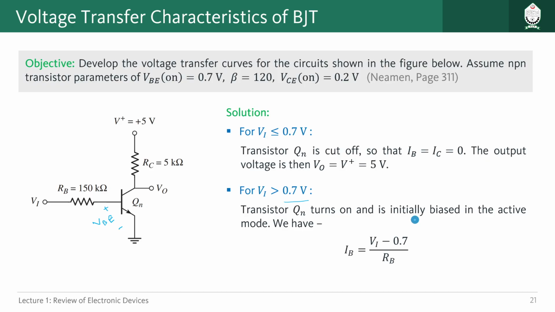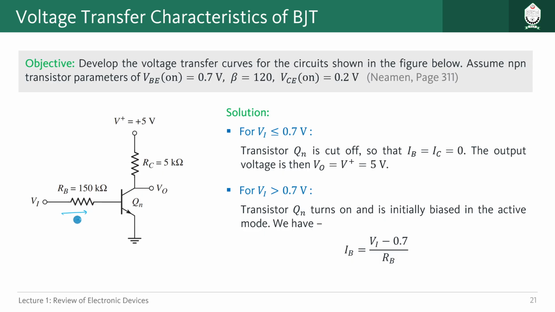And for initial cases, obviously it will be in active mode because this is forward biased, and we have 0.7 volt, maybe more than 0.7 volt, but the collector voltage or supply voltage is higher than that. As a result, this junction here is reverse biased and this is forward biased, so it is in active mode.